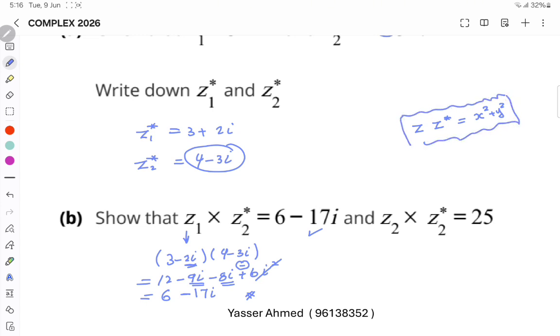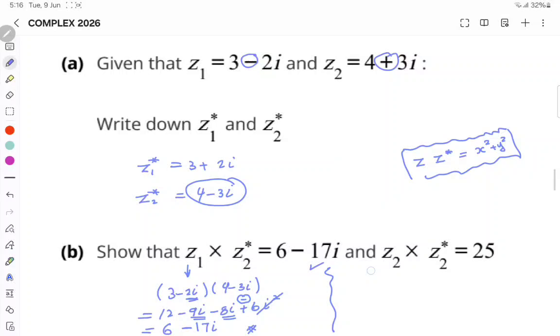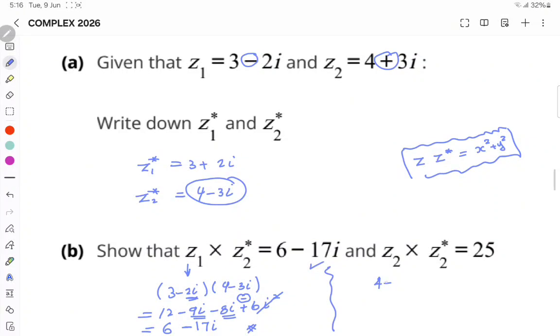So if you wanted to explain why that happened, you can multiply it normally. z2 here is equal 4 plus 3i. And the conjugate of it will be 4 minus 3i. Start to multiply, 4 times 4, it's 16. 4 times negative 3i, negative 12i. 3i times 4, it will be positive 12i. 3i times negative 3i, negative 9i squared.